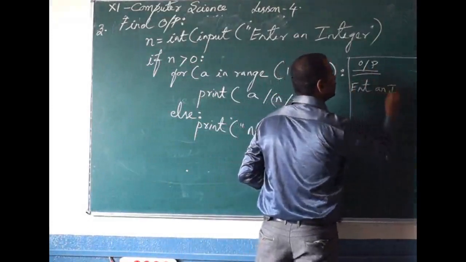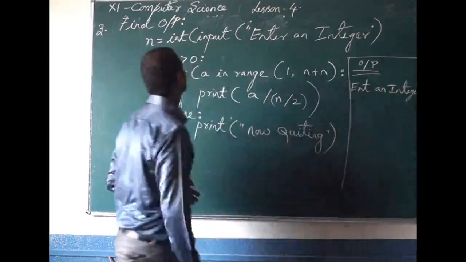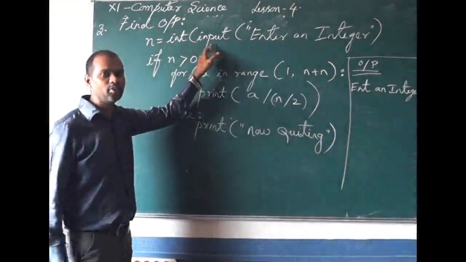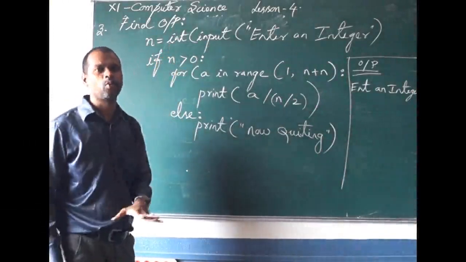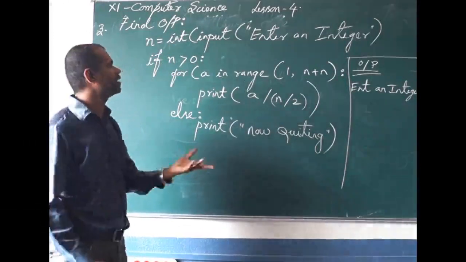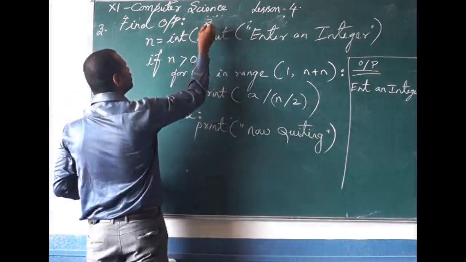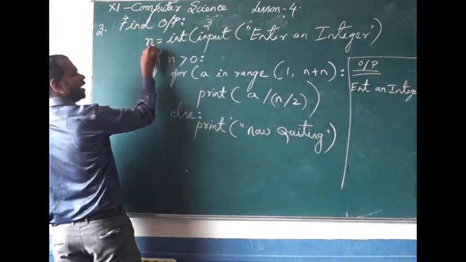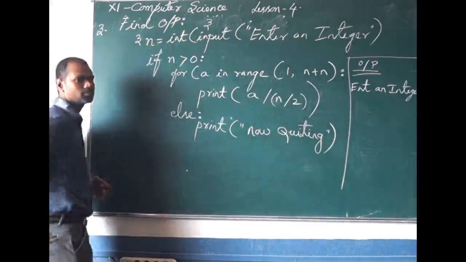Then you have to give the keyboard input, and that should definitely be a number. Only a number you have to give. For example, I am giving 3. So this 3 will be saved in n. What is the n value? It is 3.